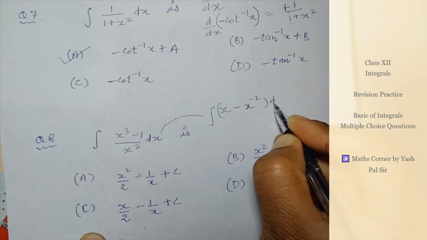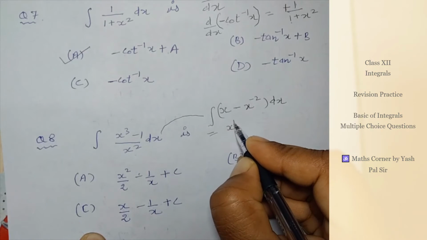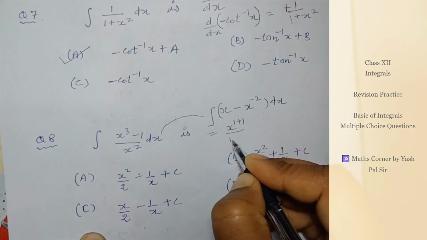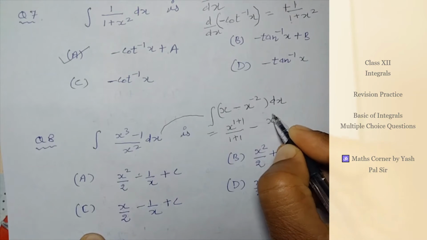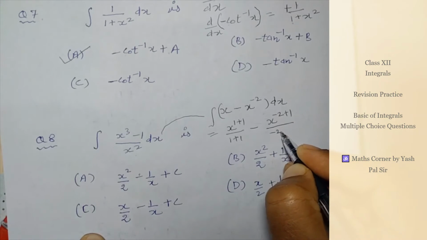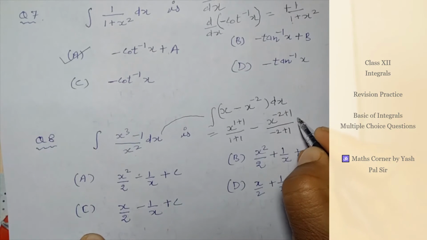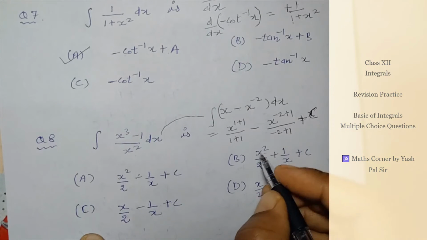Its integration becomes x raised to power 1 plus 1 divided by 1 plus 1, minus sign is here, x raised to power minus 2 plus 1 divided by minus 2 plus 1. So this becomes x raised to power, plus c, the constant of integration.